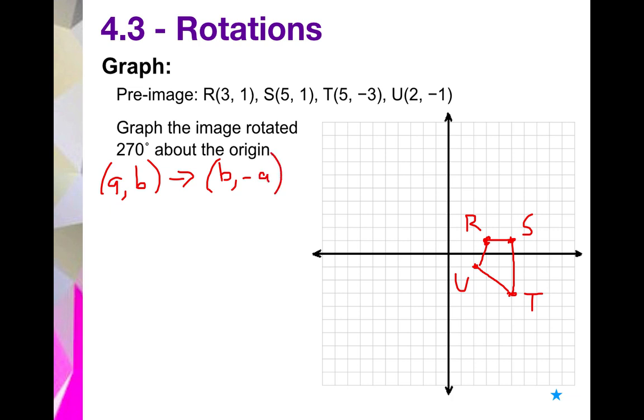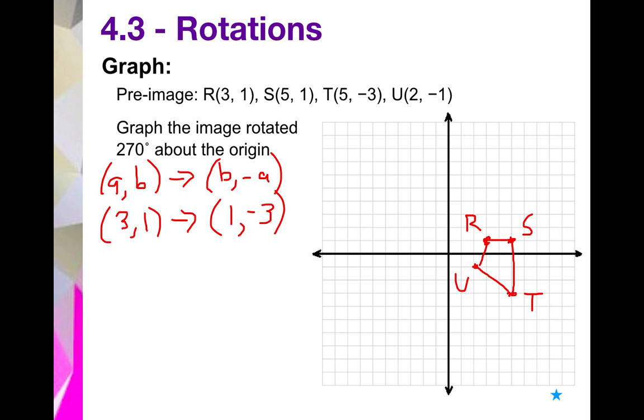All we do is just plug in the numbers. So we have (3, 1), and (3, 1) will just become (1, negative 3). If I do (1, negative 3), I end up down here, and that's where my new R is going to be, my R prime. I should write that in a different color.